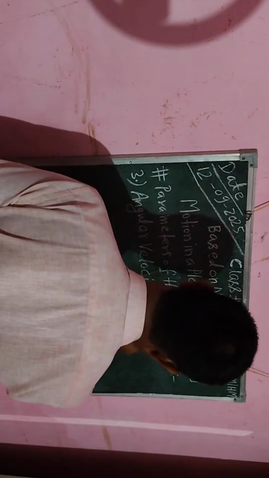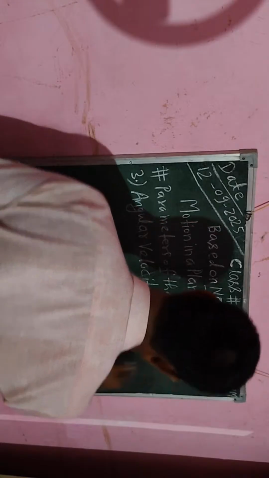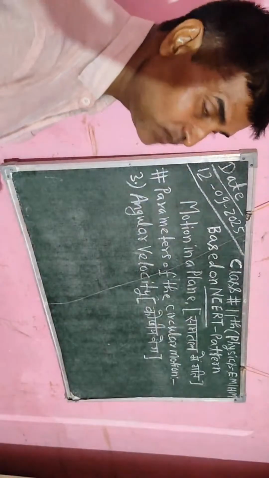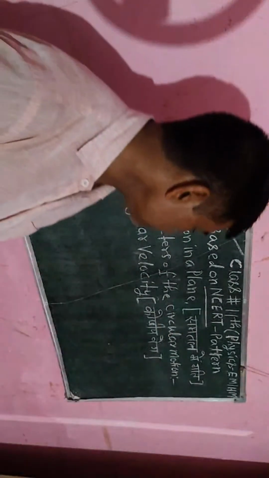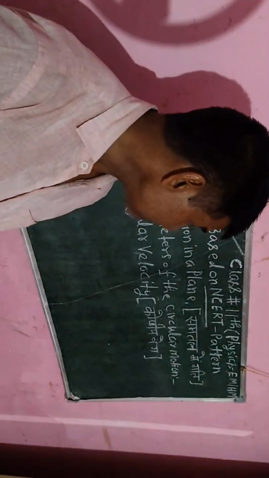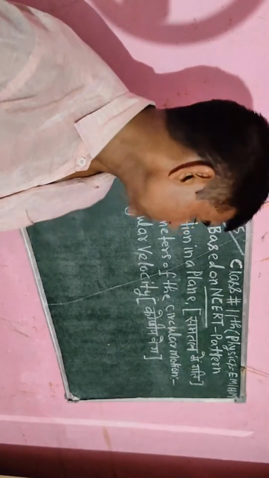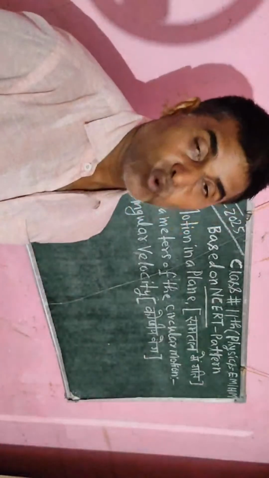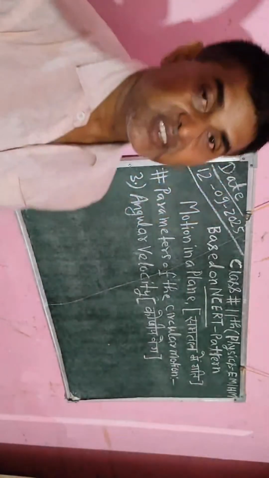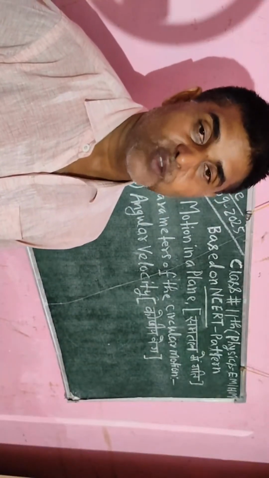In this case, if any particle is moving on the periphery or circumference of the circle, that particle has the angular velocity, and angular velocity is represented with omega, and that omega value comes as delta theta divided by r.